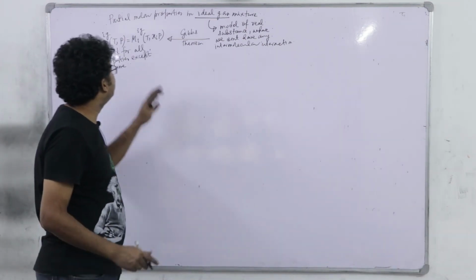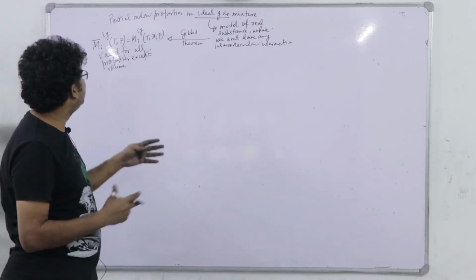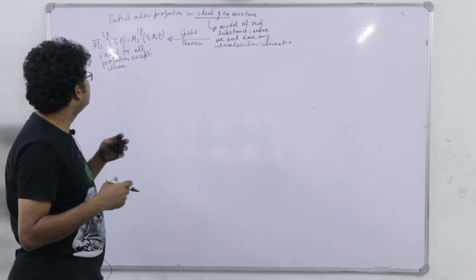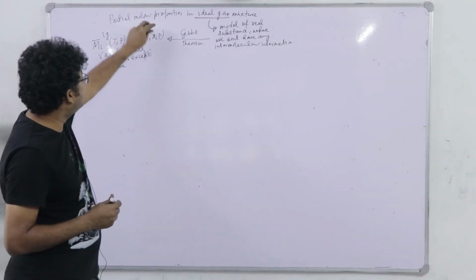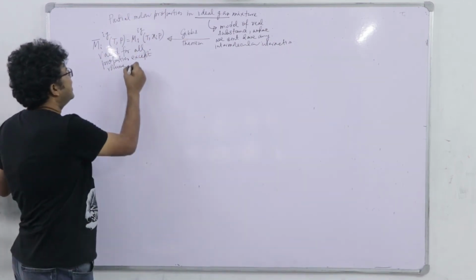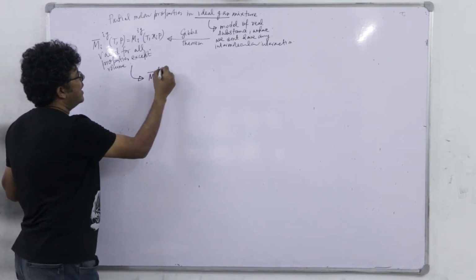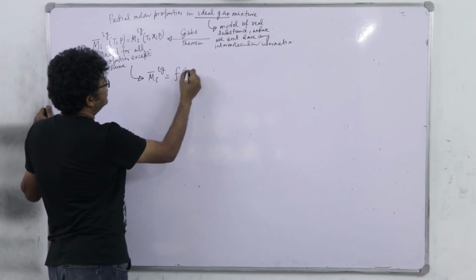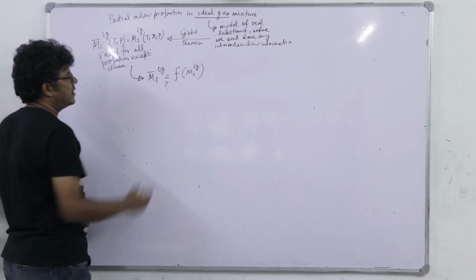Now, you see that using this Gibbs theorem, next we will try to relate these different properties at the same temperature and pressure. We will remove this partial pressure, and basically we will try to formulate what is mi bar ig as a function of mi ig. So, that is our target, right.